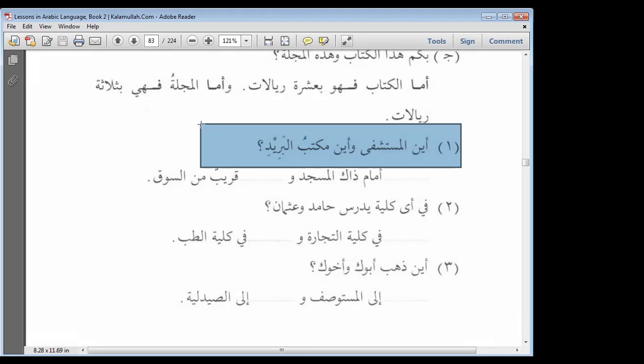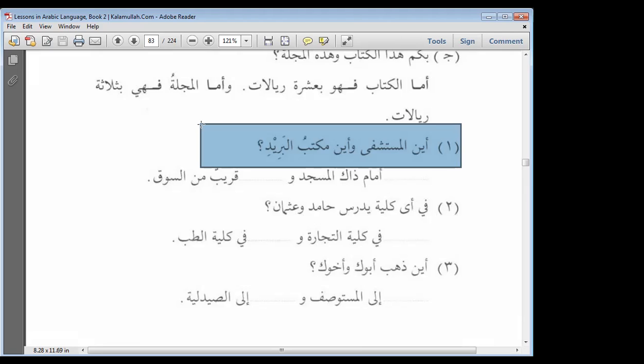So the question is, أين المستشفى وأين مكتب البريد؟ Where is the hospital and where is the post office?